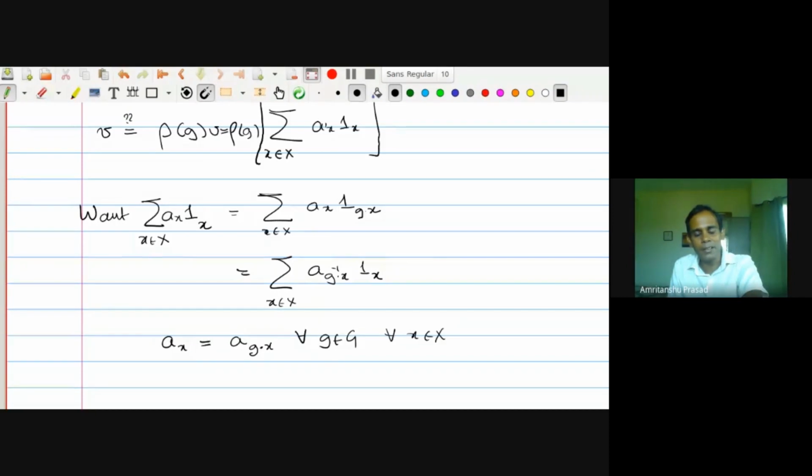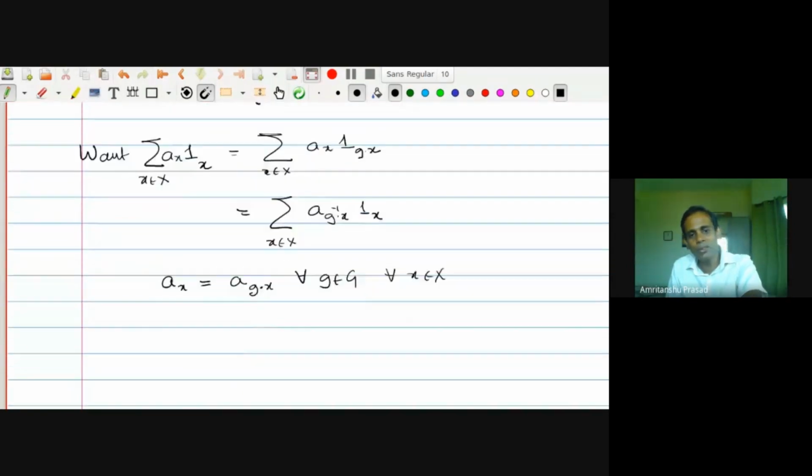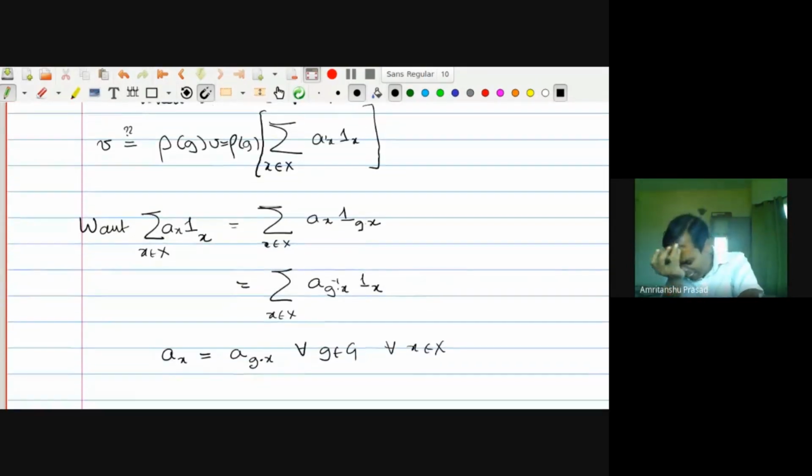It doesn't depend on which x we're using; if two elements are in the same orbit, the value should be the same. And moreover, once you choose a value for an orbit, you just give all elements in the same orbit the same value. You will be able to construct a G-invariant vector.